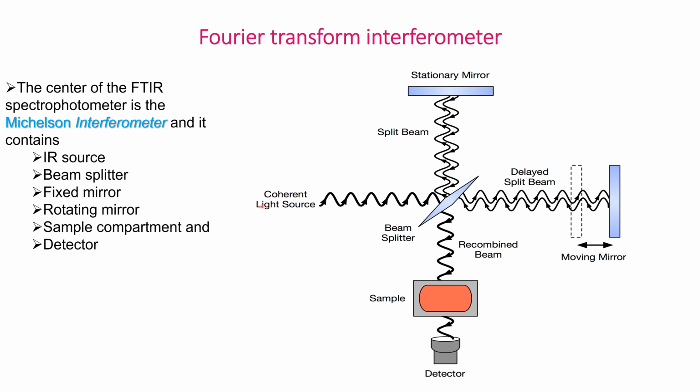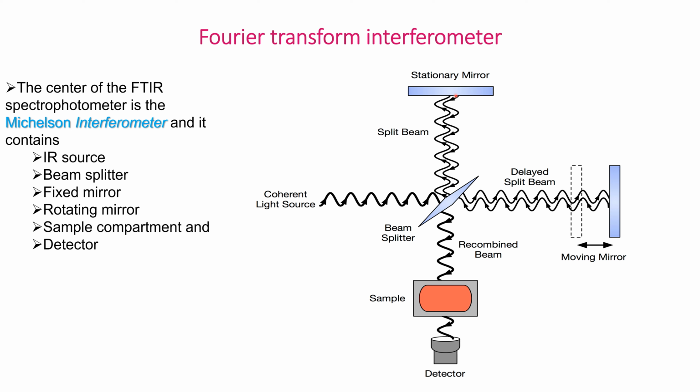IR radiation comes from the IR source and falls on the beam splitter. The beam splitter splits the IR radiation into two parts. One part goes to the fixed mirror and the second part goes to the moving mirror.